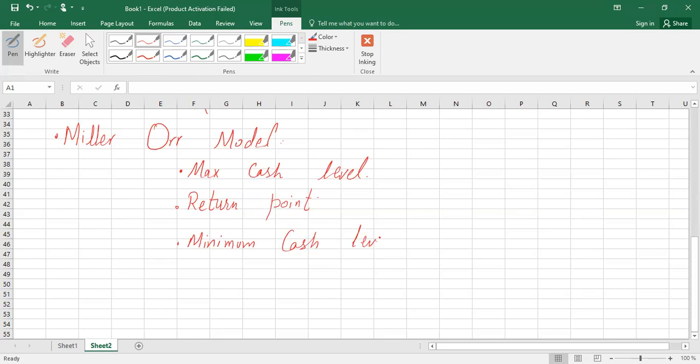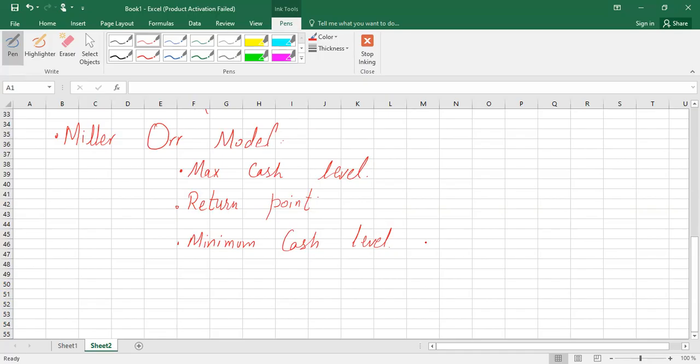The Miller-Orr model says that whenever you are recovering cash from the customers, you will be able to hold a huge amount of cash in your account.